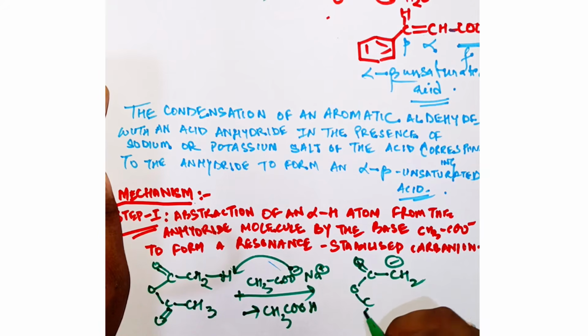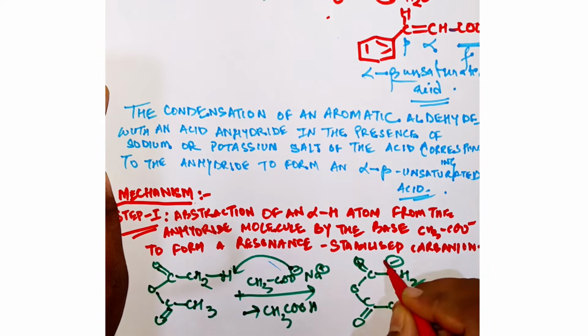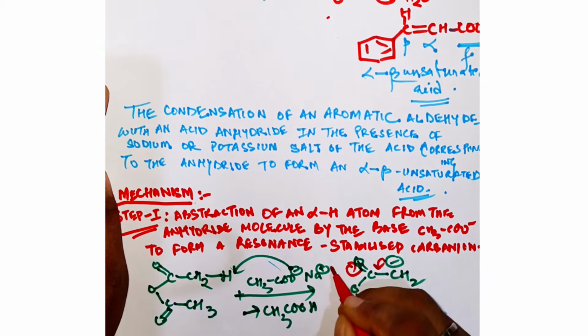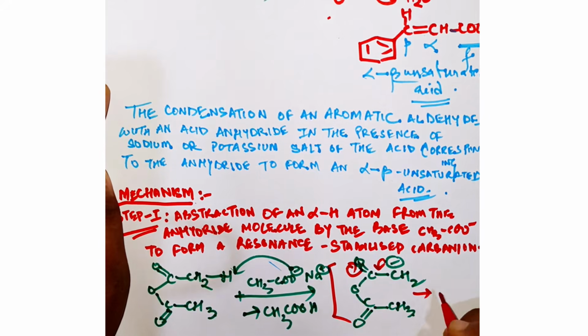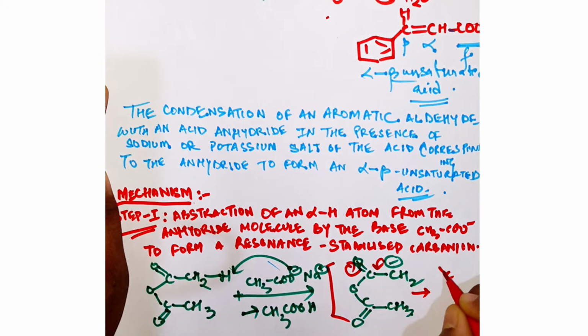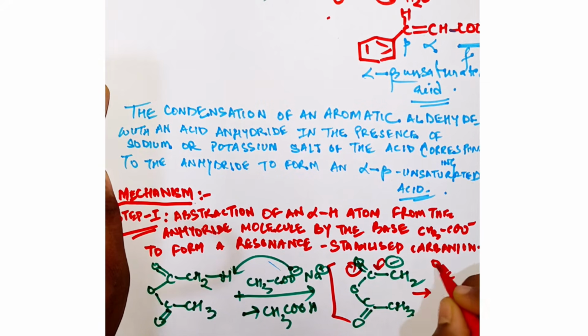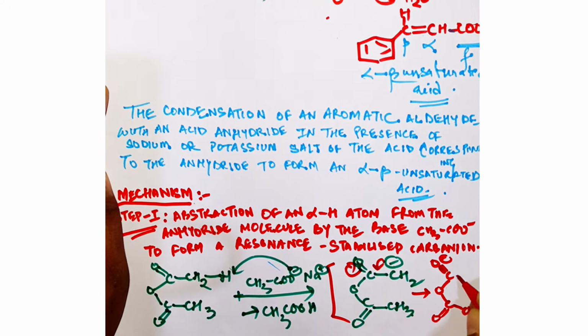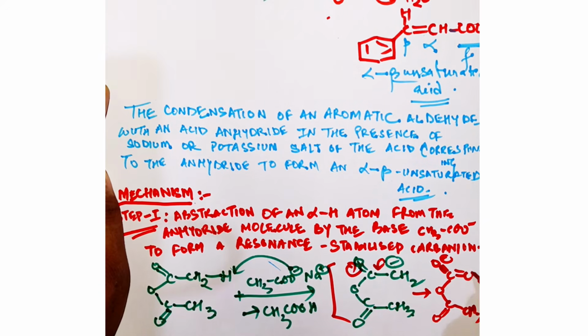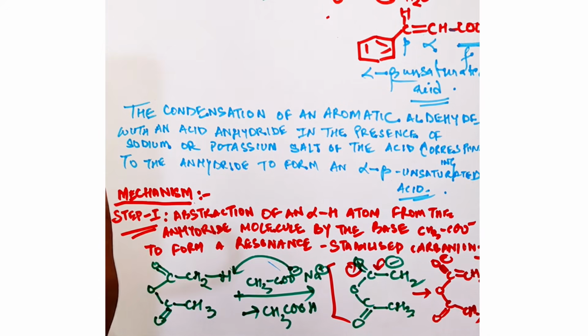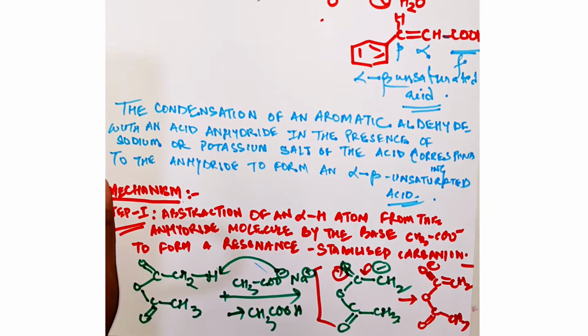This CH2 minus is a resonance stabilized carbanion. The electrons can move so that the oxygen gets the charge: O minus, C double bond O, CH3, and here it becomes a double bond to CH2. So there is a formation of a resonance stabilized form.